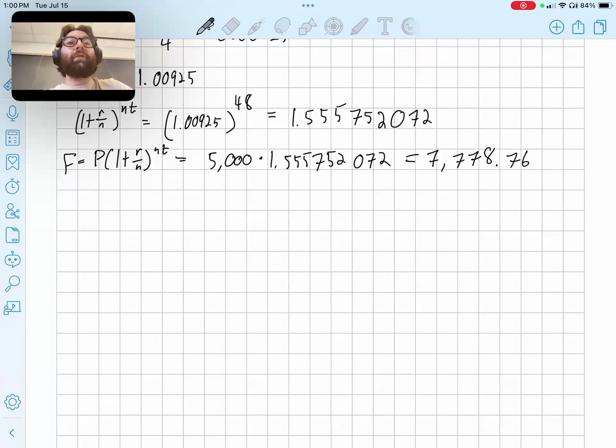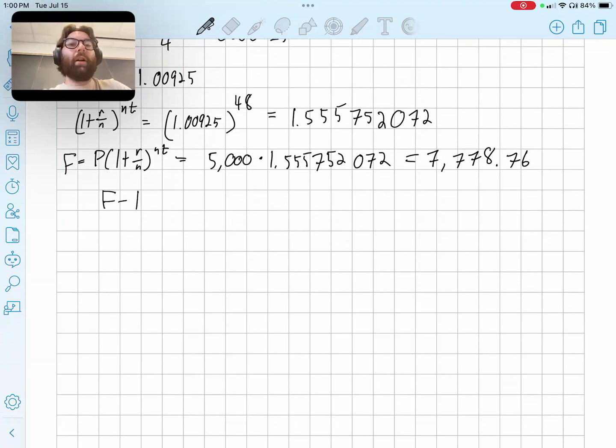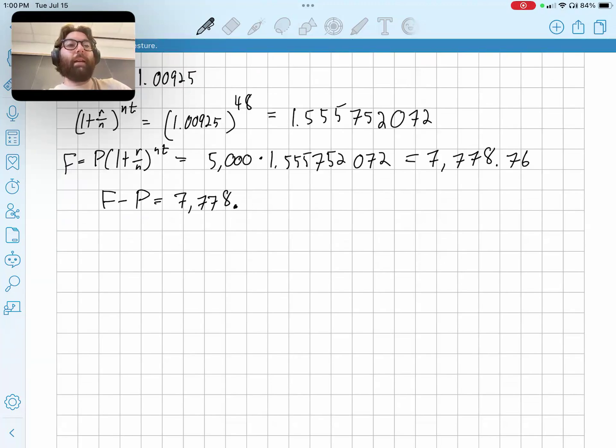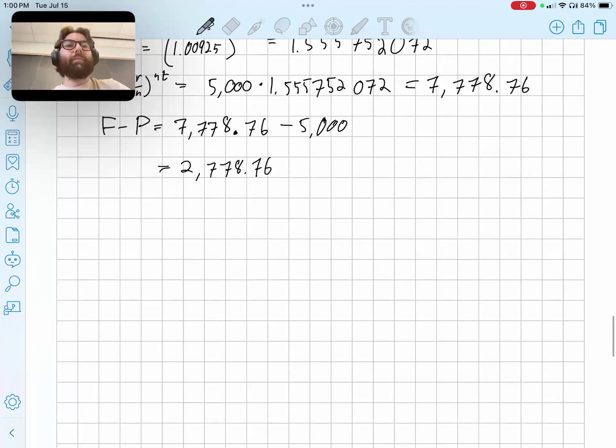Now to find the interest, or the total amount of money that we made, we subtract away the initial $5,000 that we invested. So this is $7,778.76, 2 decimal places for dollars and cents, minus 5,000 equals $2,778.76.